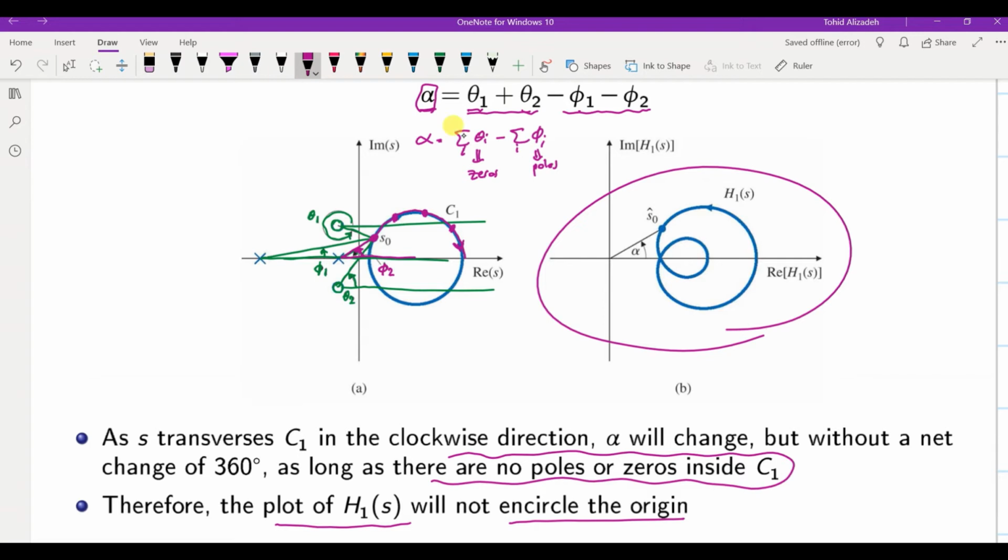So I can maybe give you some points. This is the starting point. If we say that we start on the real axis, as we move on the contour in the clockwise way, the movement will be in this way.